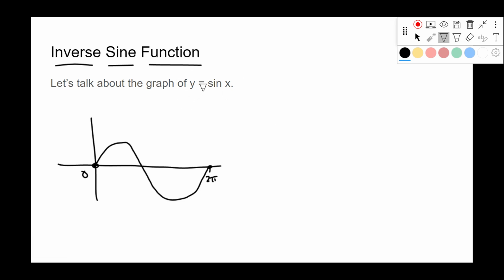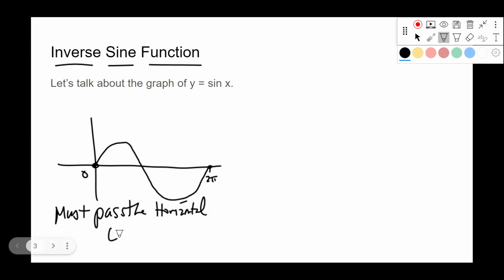Now, if you remember back, we talked about inverse functions. When we talked about inverse functions, for a graph to have an inverse function, the graph must pass the horizontal line test.